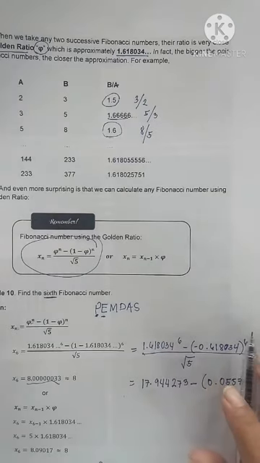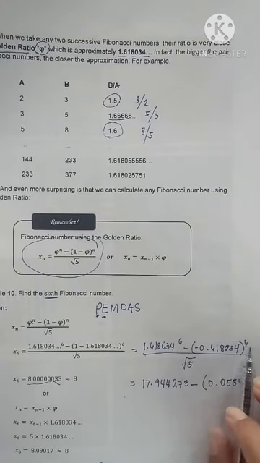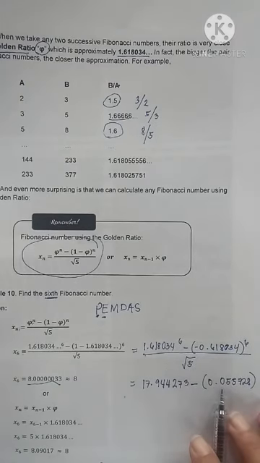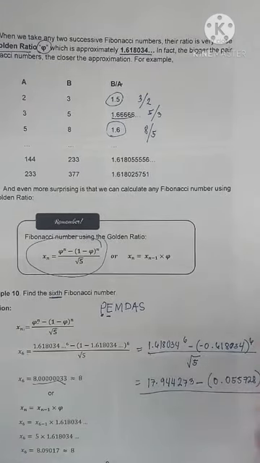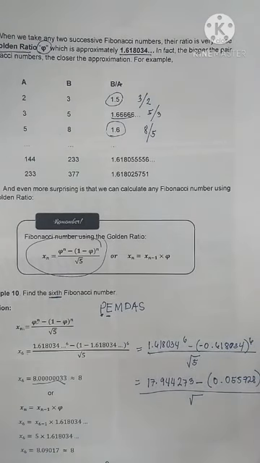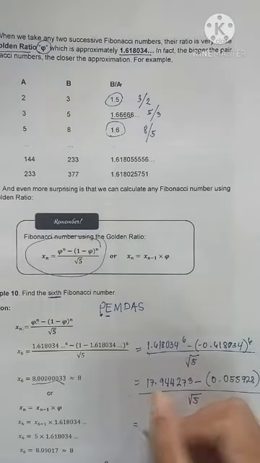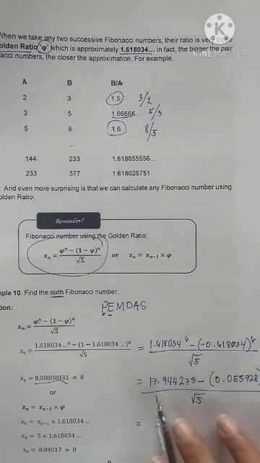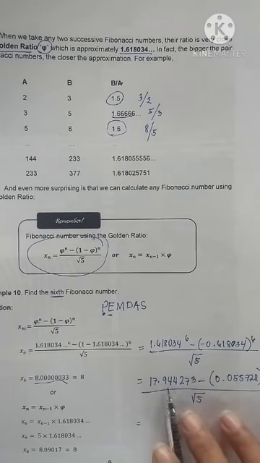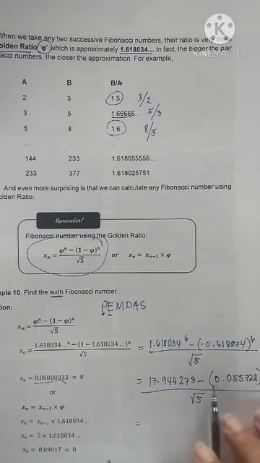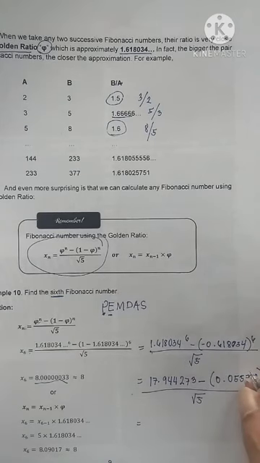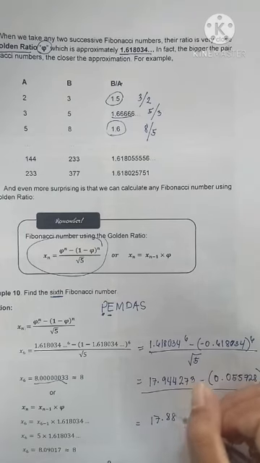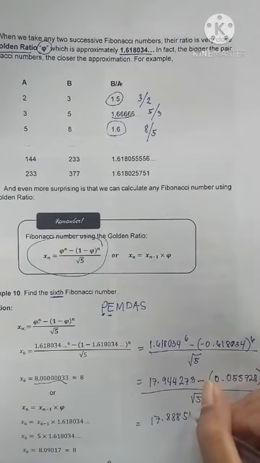If it is an odd number, the answer will be negative, but if it is an even number, it is positive. And then just copy the square root of 5. So we have 17.944273 minus this one, which will be equal to 17.888545.